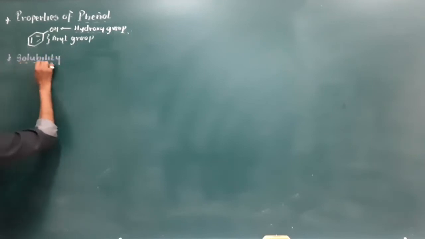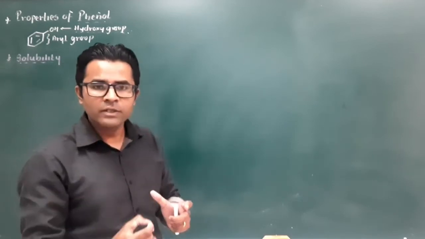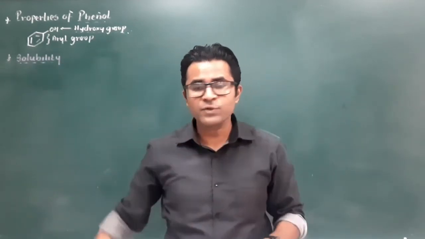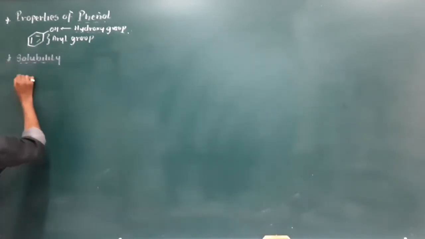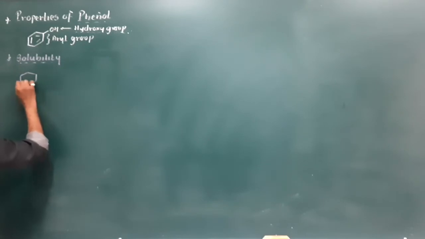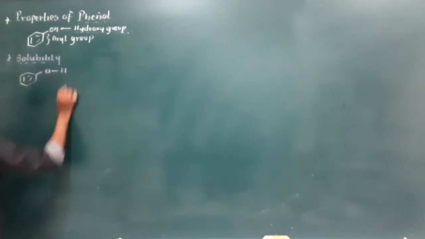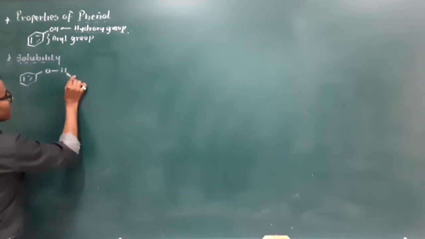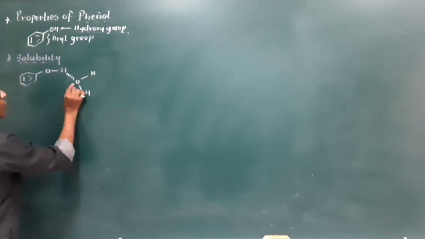So when we speak about solubility, the solubility of a phenol in water is because of the hydrogen bond that it is going to generate in water. So when we take this particular phenol, and as we insert it in water, what happens is that this phenol generates the hydrogen bond with the neighboring water molecules.